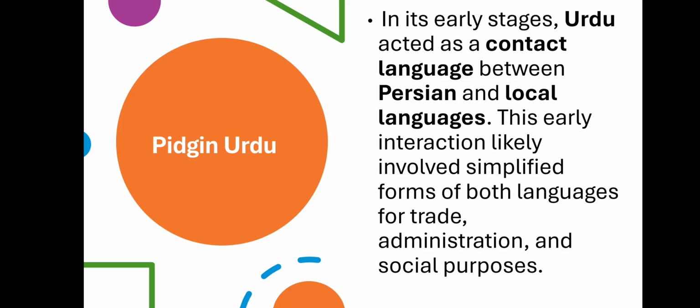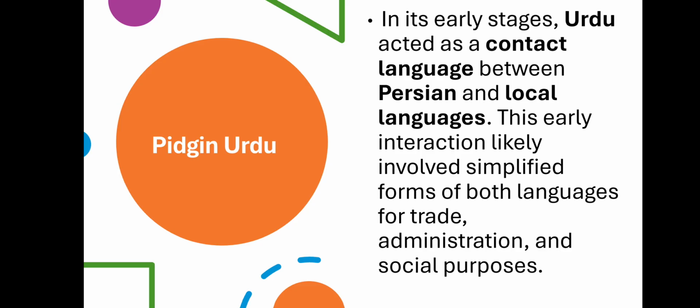Because there was also trade, this early form likely involved a simplified form of both languages for trade, administration, and social purposes, and it was called Urdu.